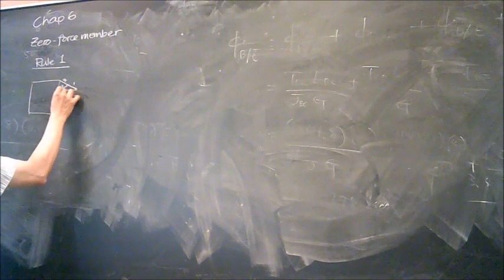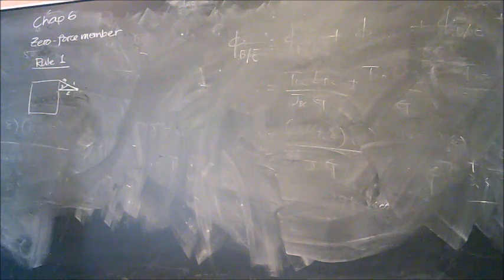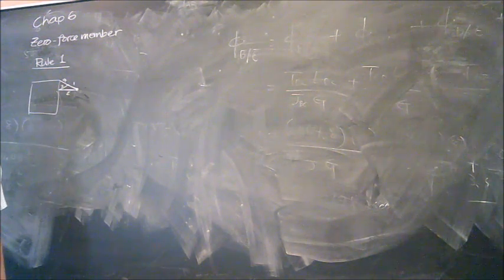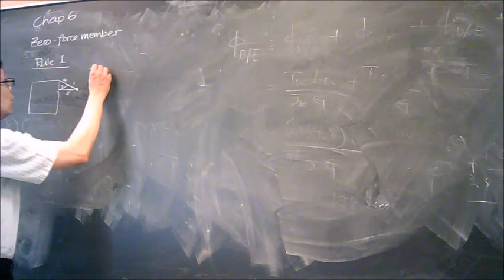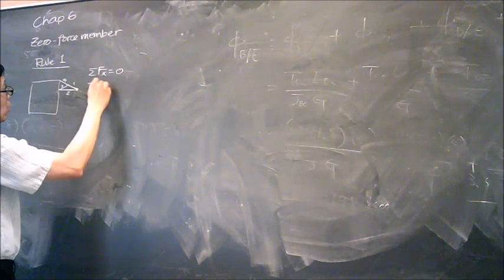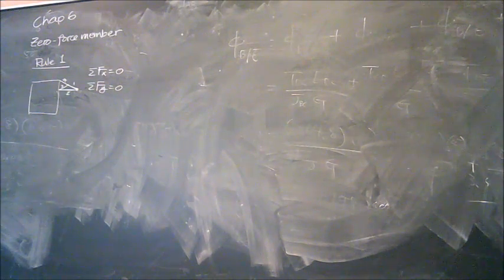If there is no force over here and they are connected with each other with a joint, those two members are zero force members because there are two important rules you need to fulfill. Force in the x direction and y direction are both zero, right?